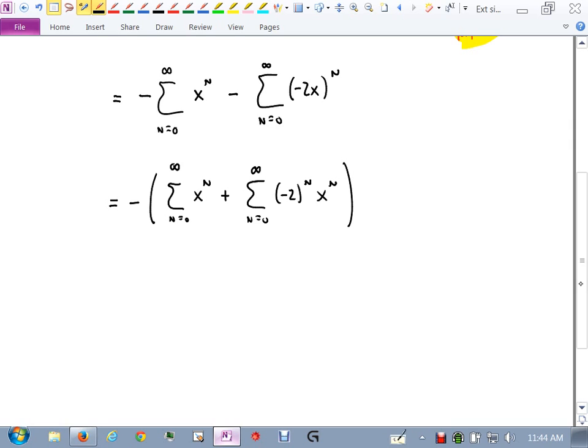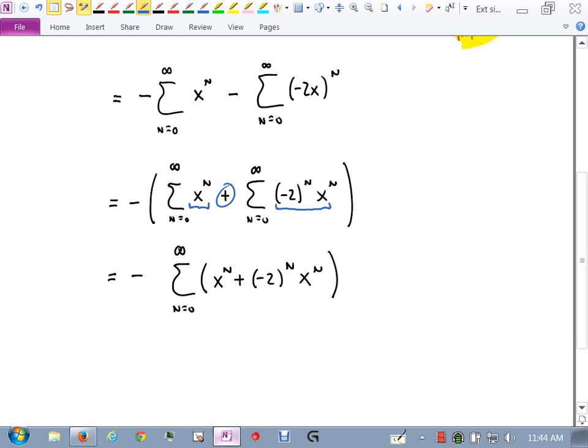I'm going to add these two series together now. In other words, I'm going to put them into one statement. This will be sum n equals 0 to infinity of x to the n plus negative 2 to the n x to the n. So I'm really just putting what's inside each of the series together with the addition, right?